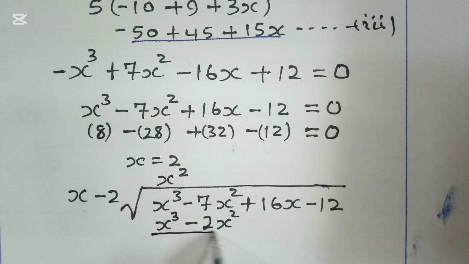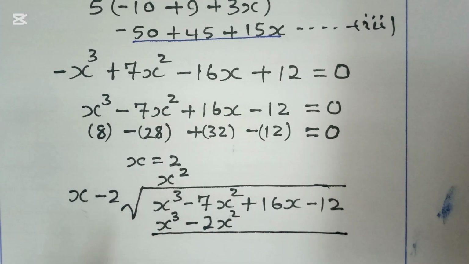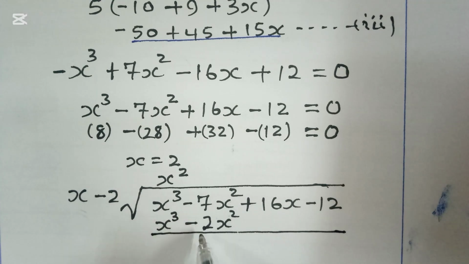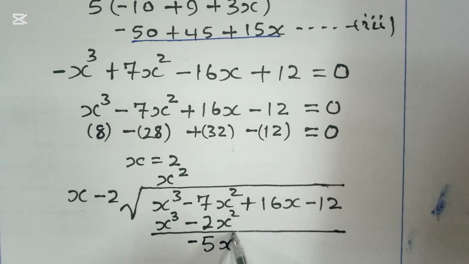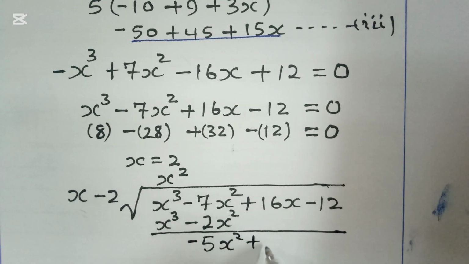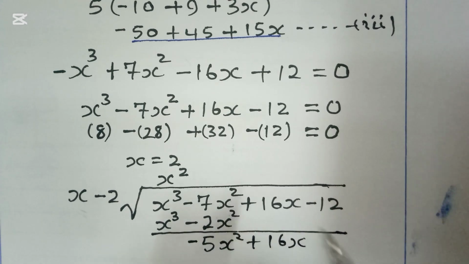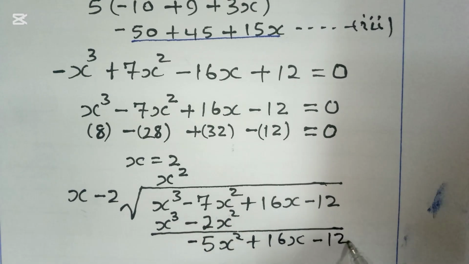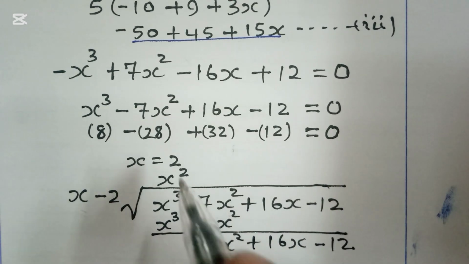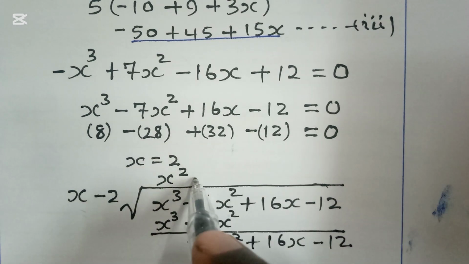So guys, here we are going to have minus 7 minus 2. That gives us minus 5x squared, here plus 16x, and here we have minus 12. So guys, I am now going to choose minus 5.